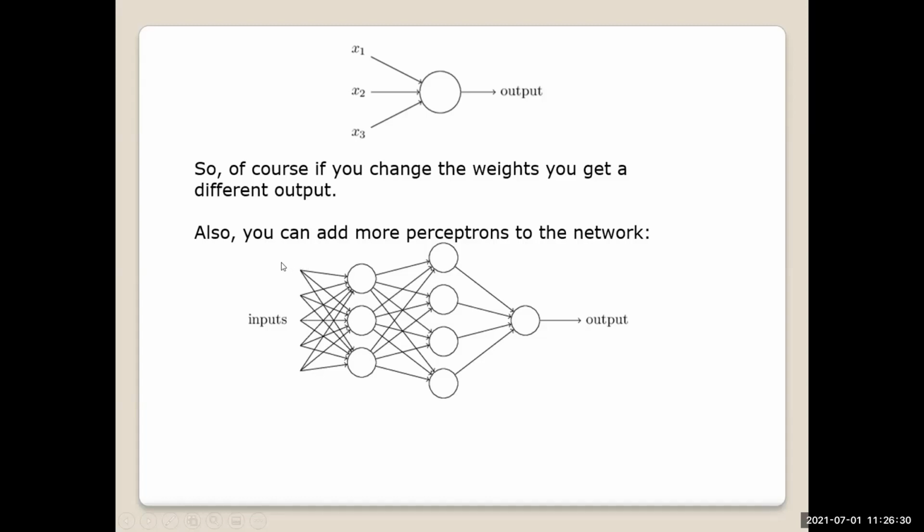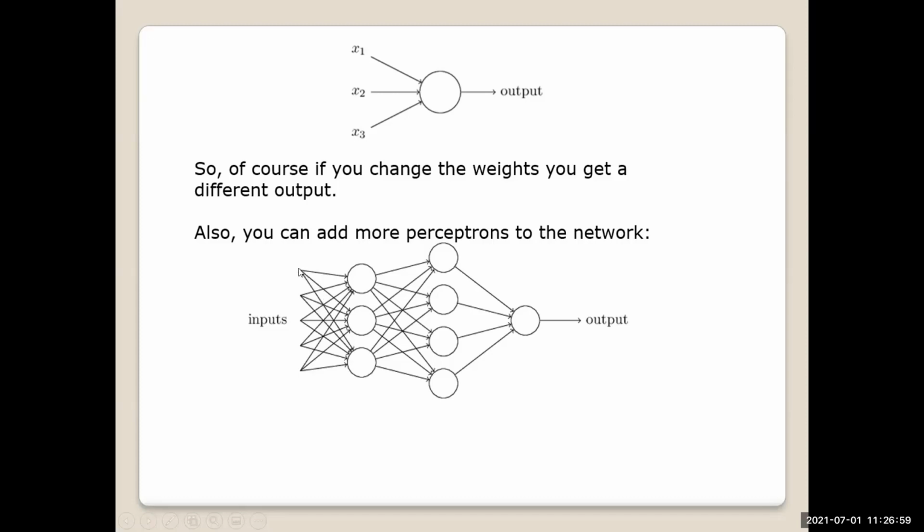So we have x1, x2, x3, x4, x5. And they go here, but they also go here, but they also go here. But the weights are different, right? Because this x1 goes to this node, and this same x1 goes to this node too, but it has different weights. This is going to have a weight here, and this could have a different weight here, and this could have a different weight here.